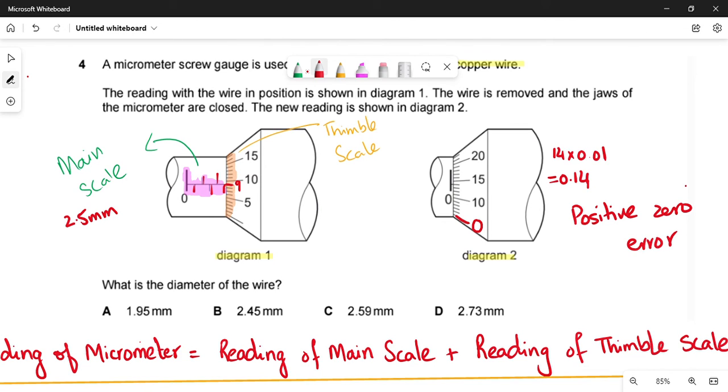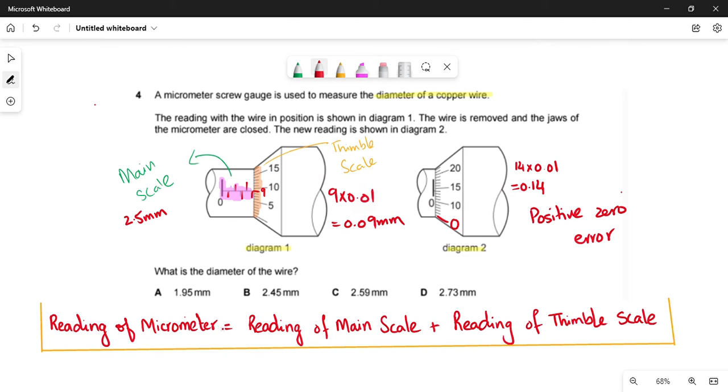So you will multiply 9 with 0.01, it will become 0.09 millimeters. The formula for the reading of the micrometer is equal to the reading of the main scale plus the reading of the thimble scale. So the main scale reading is 2.5 plus the thimble scale reading 0.09, so it will become 2.59 millimeters.